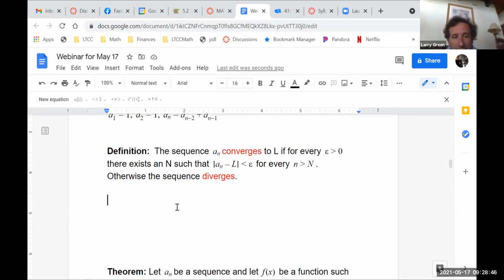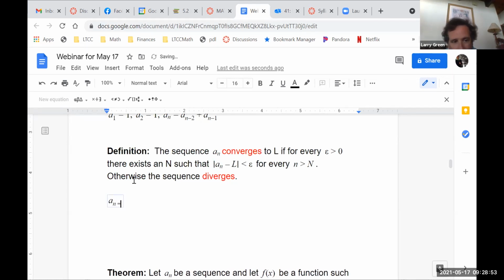Let's suppose that a sub n equals 7. So that means the sequence is 7, 7, 7, 7, 7. Hopefully you're getting bored. Does this sequence converge or does it diverge?